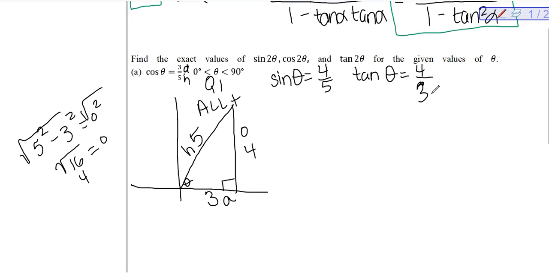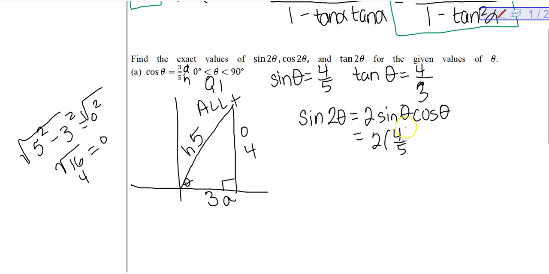We have 3 double angles to find. So the sine of 2 theta. Let's get our formulas going. So the sine of 2 theta says this. I'm going to do 2 sine theta cosine theta per our formula that we just derived. And so I'm going to plug in for sine theta. What's sine theta's value? Since I'm looking for exact values, yep, 4/5.